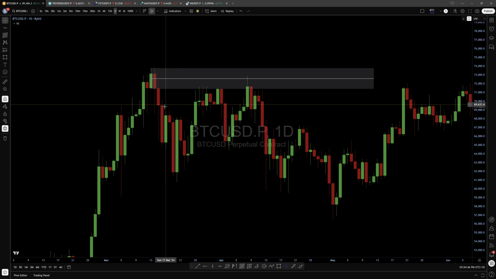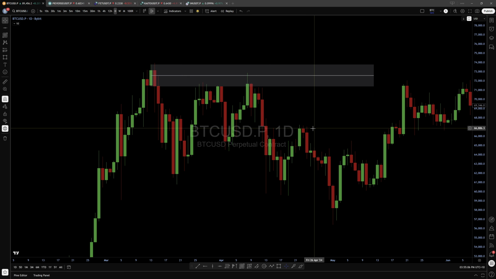So this one, price came down and went back up to it, and you would be looking for a reversal or potential signs of reversal, like these wicks starting to form. And in most cases, you will get a touch of the middle, the 50% mark, of the order block.